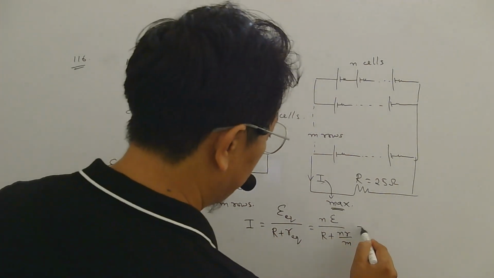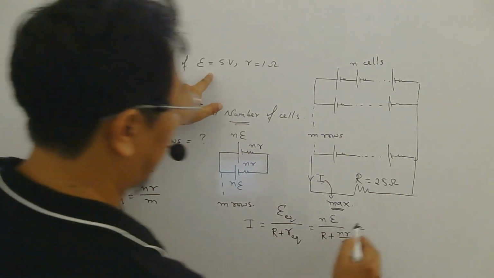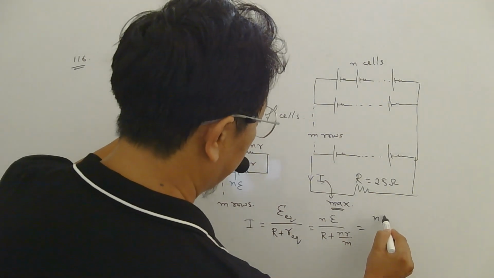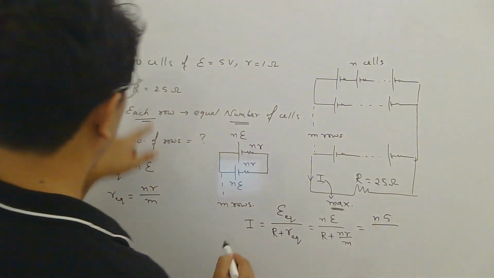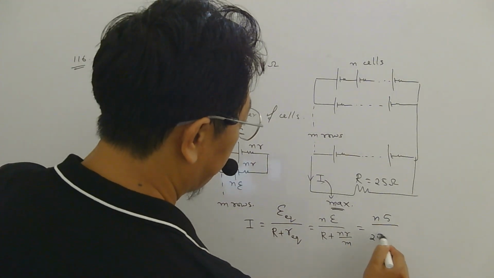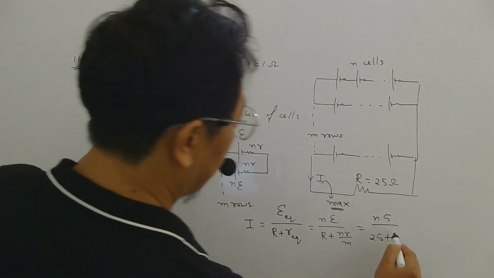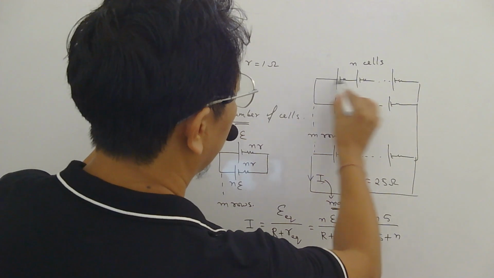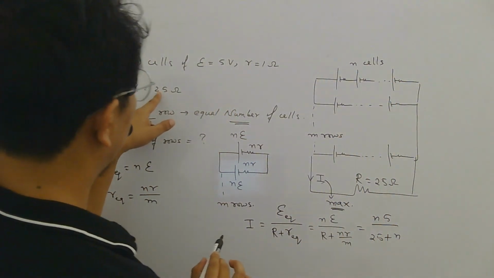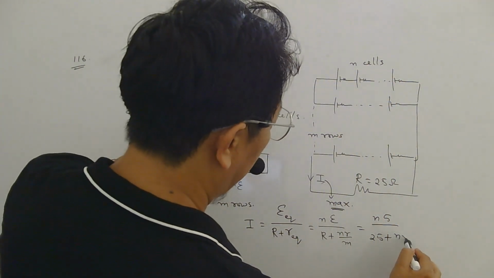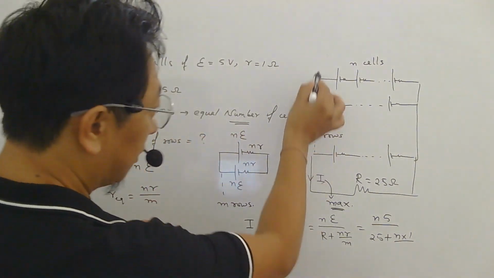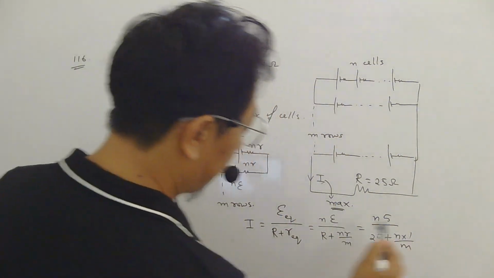Now what are the values given here? EMF is given 5 volt, so it will be n into 5. Capital R is given 25 plus, number of cells in a row they have not given. Internal resistance they have given 1, divided by number of rows they have not given.